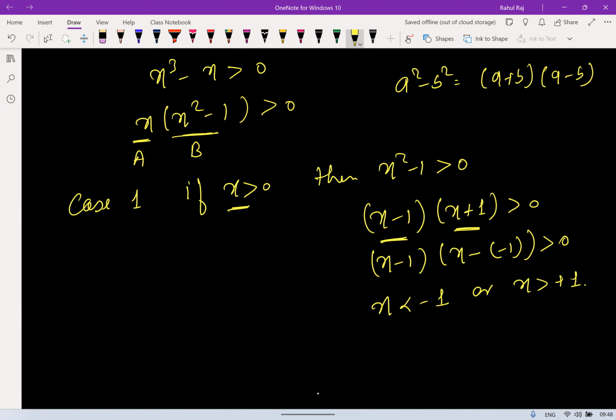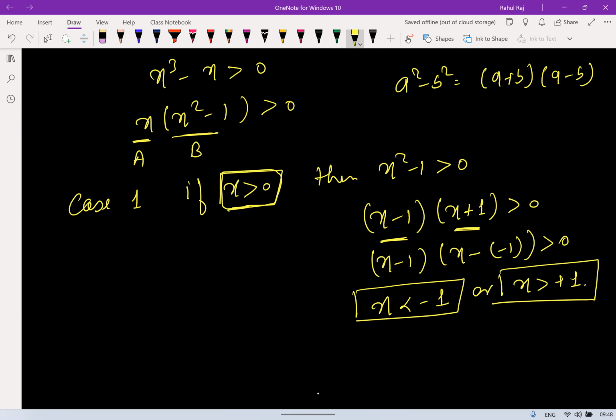So, I have these three conditions. If x is less than 0, then x should be less than negative 1 or x should be greater than positive 1. Agreed? Now, please draw a number line. Put here 0, put negative 1, put positive 1. Now, x greater than 0. Correct, Alexa? X less than negative 1.